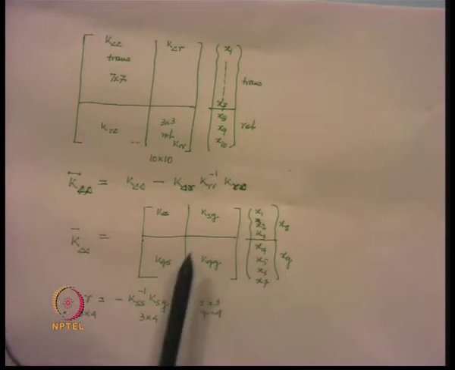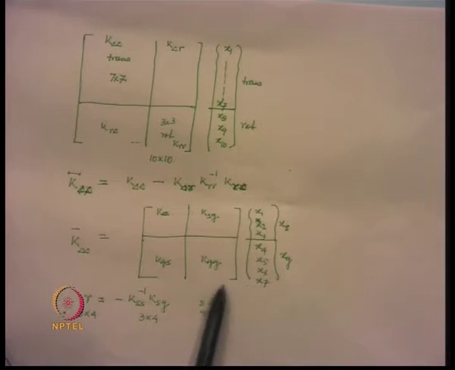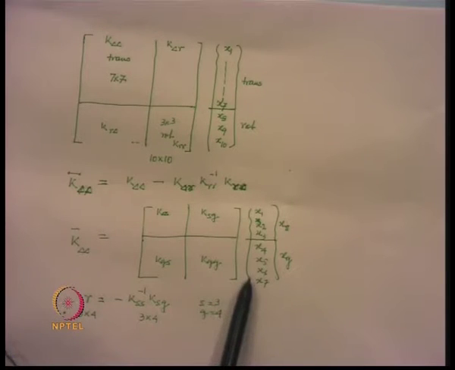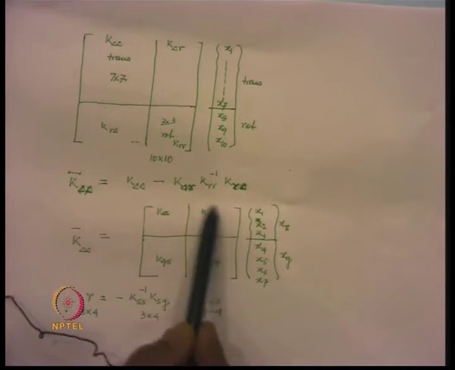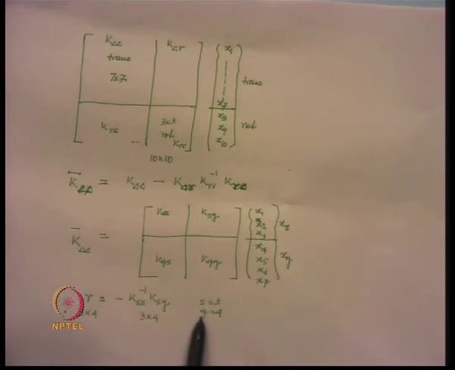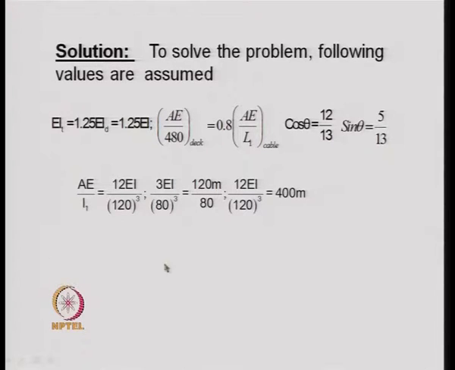These are the 3 translational degrees of freedom, and the other 4 degrees of freedom are at the 4 supports of the cable supported bridge. Once we partition them, then using this matrix and this matrix we can obtain the value of the R matrix.